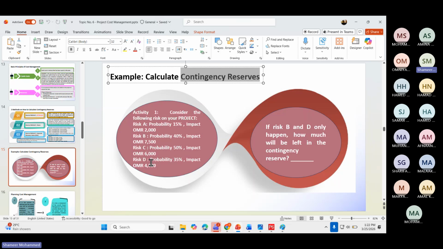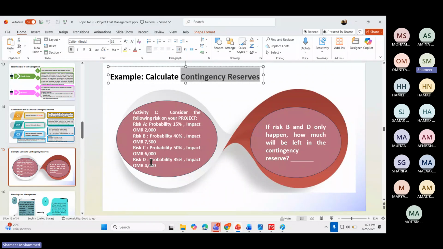Then for B, how much? 40%, right? So 40% means 0.4 multiplied by 7,500. 0.4 multiplied by 7,500, so 3,000.